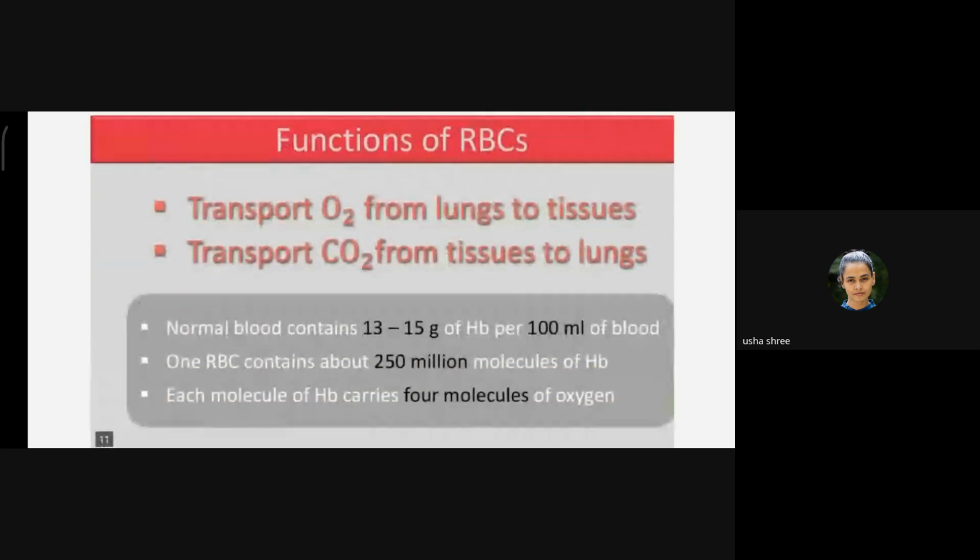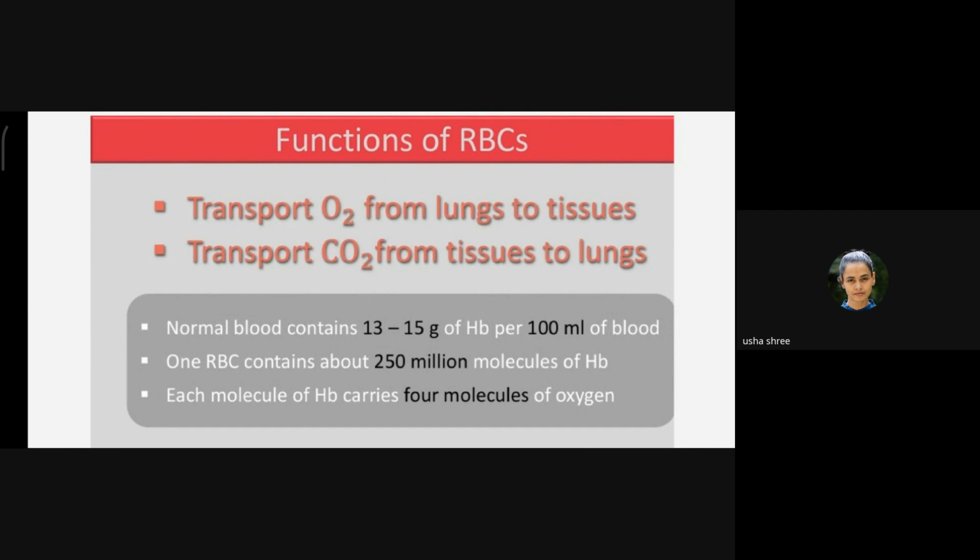Now, functions of RBC. Mainly transport oxygen from lungs to tissue and transport carbon dioxide from tissue to lungs. Now, normal blood contains 13 to 15 gram of hemoglobin per 100 milliliter of blood. Okay. And one RBC contains about 250 million molecules of hemoglobin.